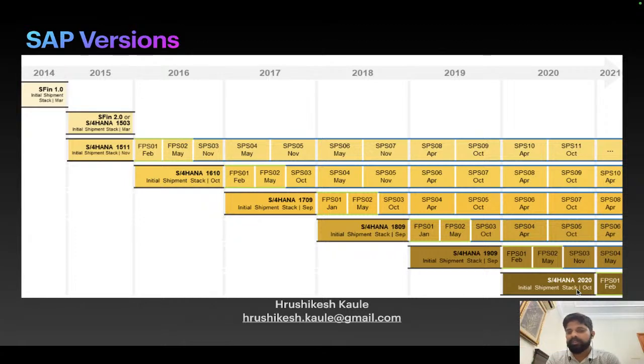In the same way, it's software and they give an upgrade. You need to implement it every year if required. If some companies don't want to, they just stay with the same version, and there is no problem. These are the different versions in SAP.